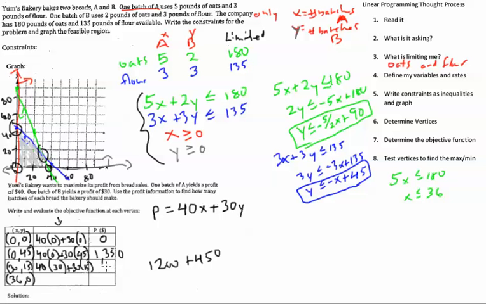So that gives me a total of $1,650. $1,650 total profit for this combination.